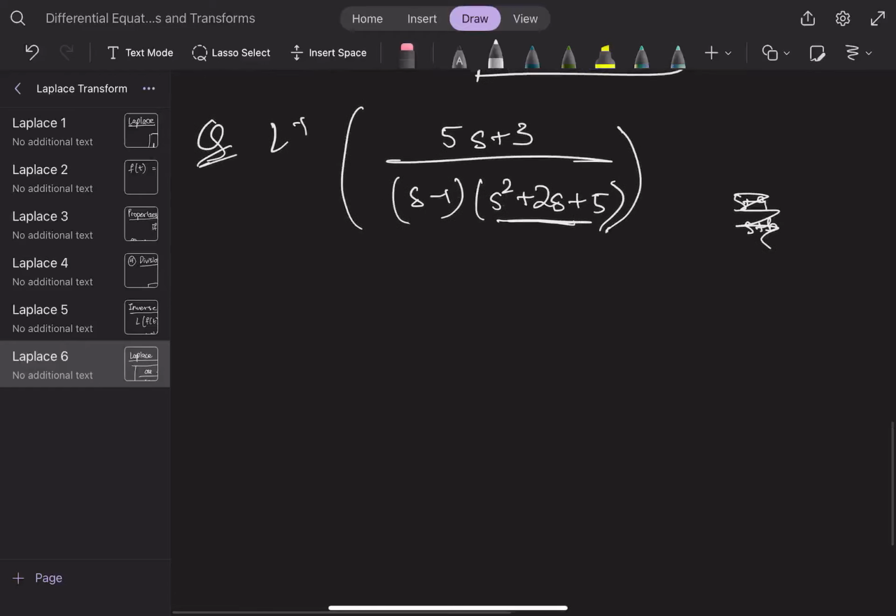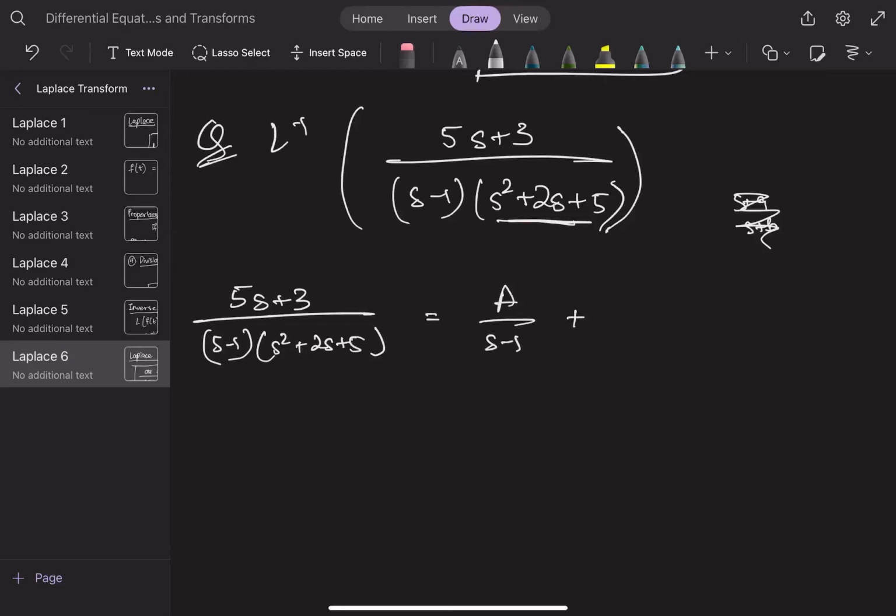So let's write this as, let's first write this, then we'll take the LCM. s minus 1 into s square plus 2s plus 5. I'll write this as a upon s minus 1 plus bs plus c divided by s square plus 2s plus 5.